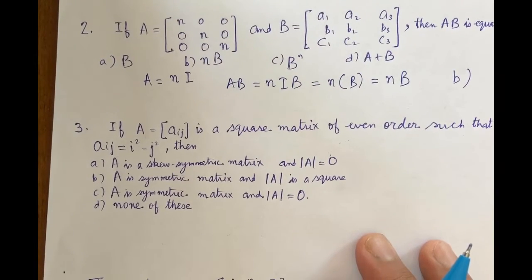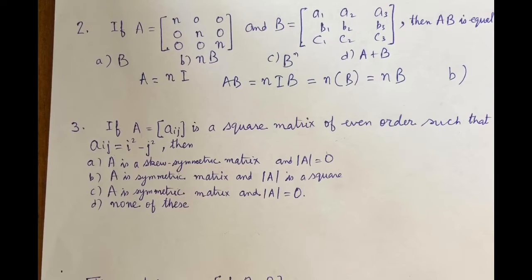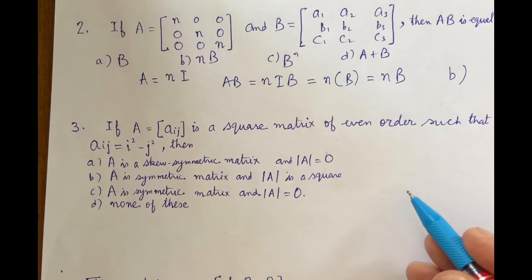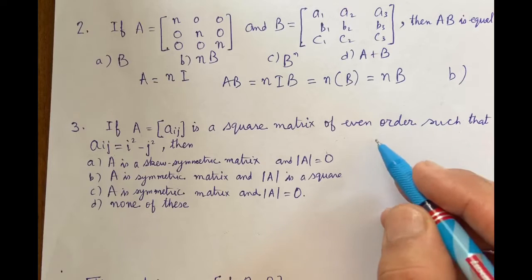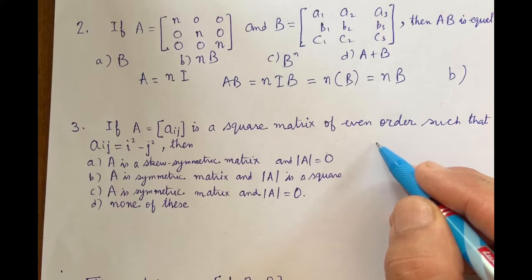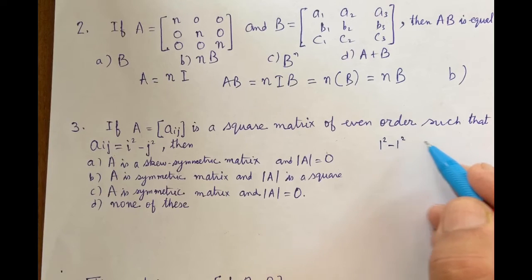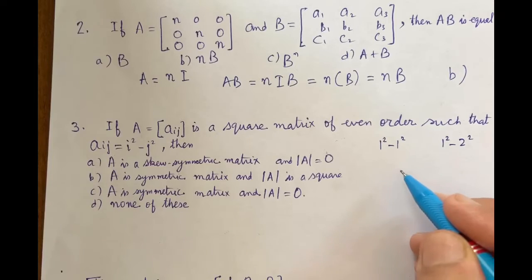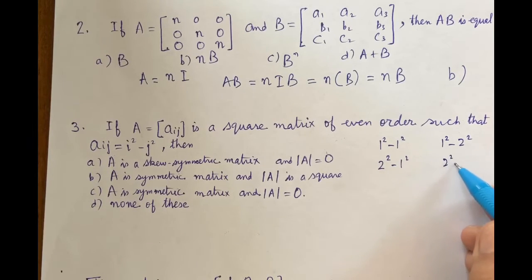Next, A is a square matrix of even order such that Aij is equal to i square minus j square. So let us say we have a matrix of order 2. We will have the 1 1 element as 1 square minus 1 square, then the 1 2 element will be 1 square minus 2 square, then the 2 1 element 2 square minus 1 square, then 2 square minus 2 square.